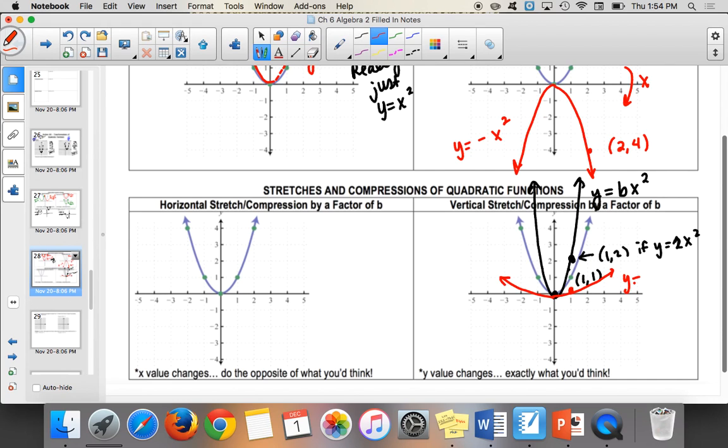So this is y equals 1 over b times x squared. So if you have b times x squared, we say that it's a vertical stretch by b.